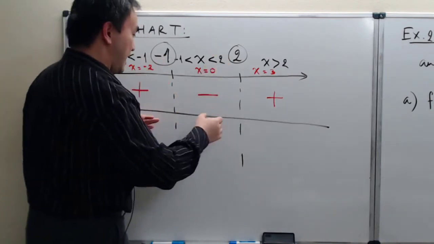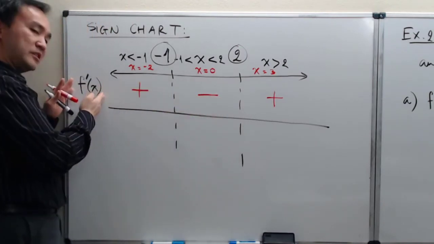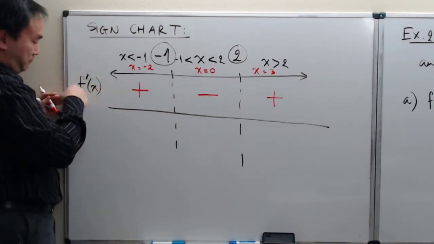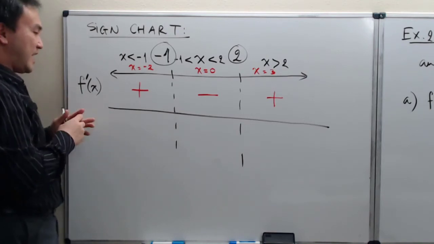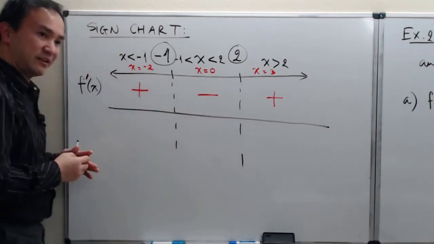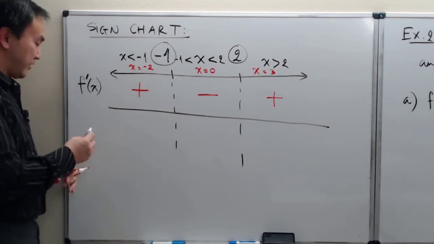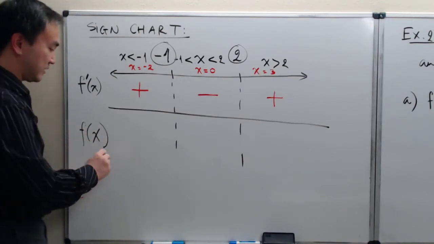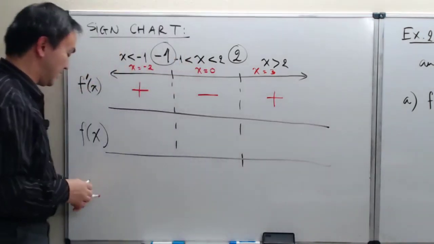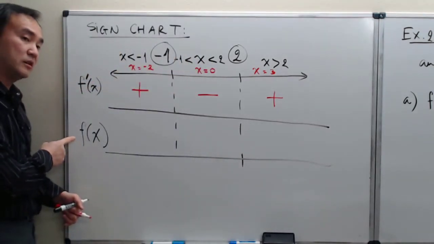Which interval here has a negative slope of the tangent line, which is the negative final value of f prime. And so in that case, this chart right here is telling us, it's all about the story right there. And so now we can tell immediately that I am going to construct the final bottom row here as for the behavior of our original function.